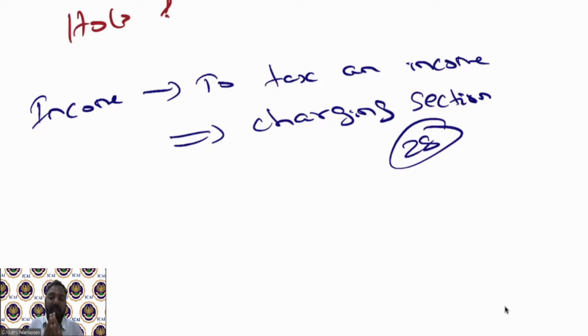So basically, when you say income tax, a particular income will be taxed only when it is stated to be taxable. The Income Tax Act should tell you this is chargeable to tax. That section is called the charging section. For business or profession, it is section 28.